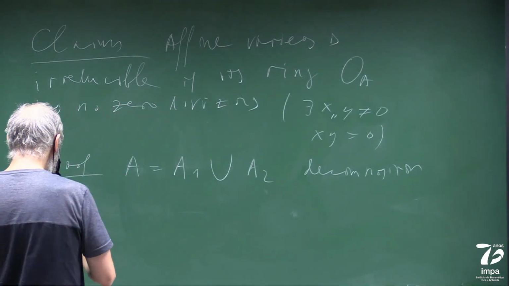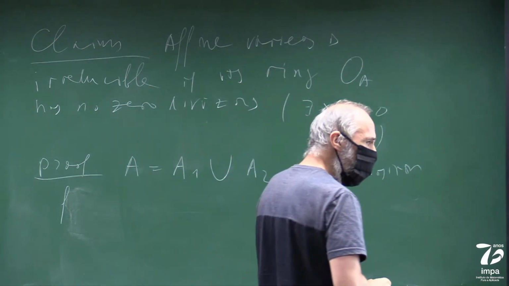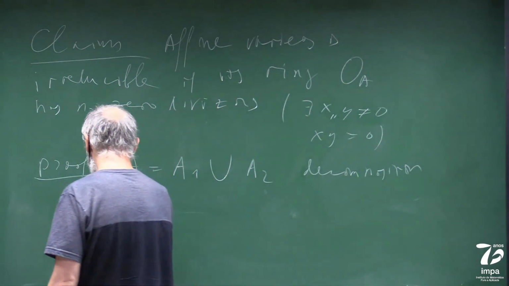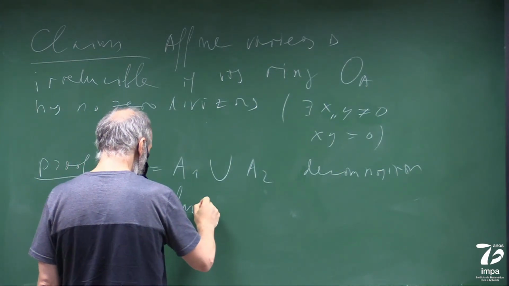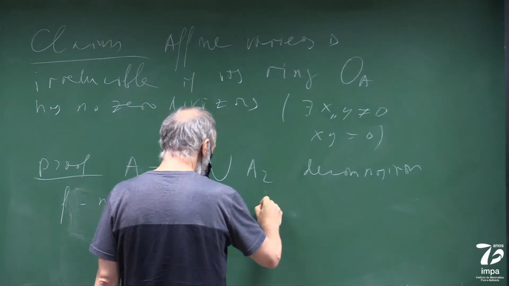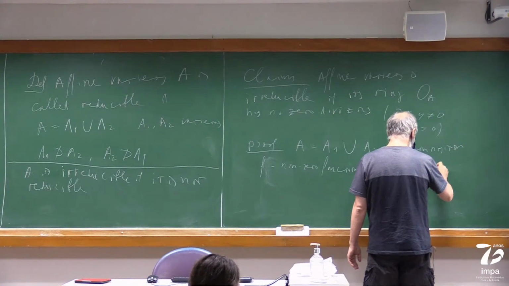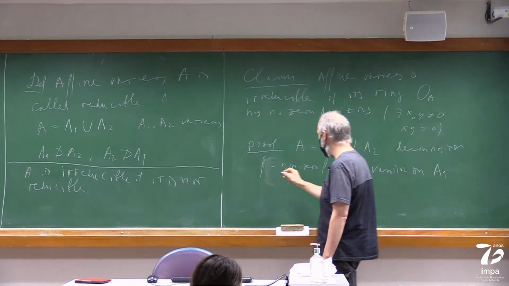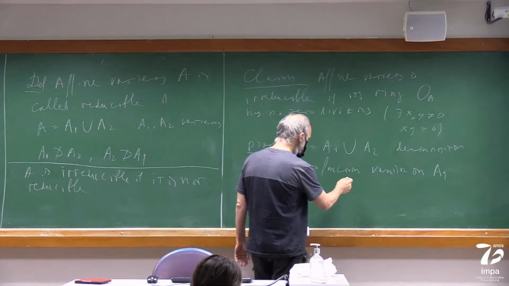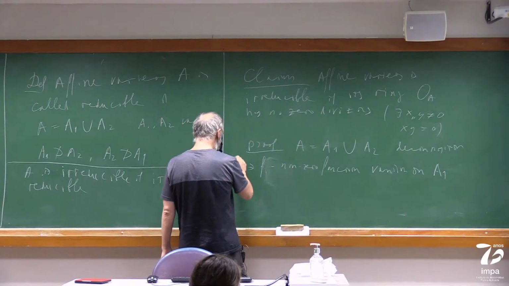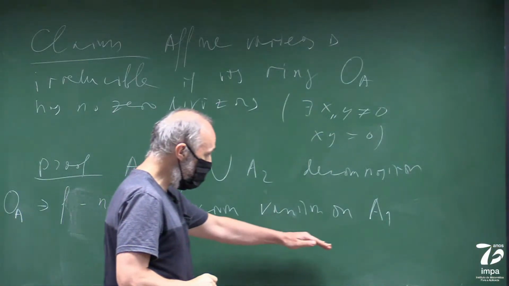And we have a non-zero function f vanishing on A1. So f belongs to O(A), a polynomial function which vanishes on A1.